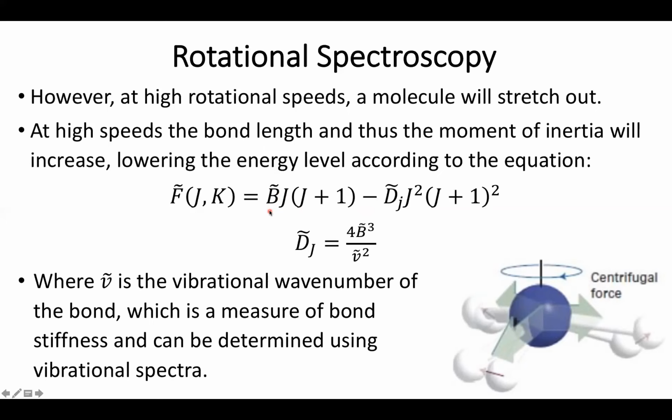So again, it is worth noting that for fairly slow molecules, like we often end up encountering at room temperatures, usually using a simple expression is sufficient. However, at higher temperatures, when I'm occupying more rotational states, we'll often need to account for this centrifugal correction.